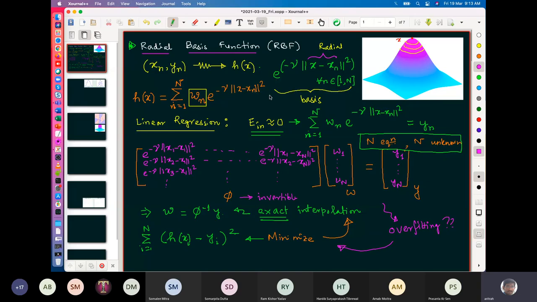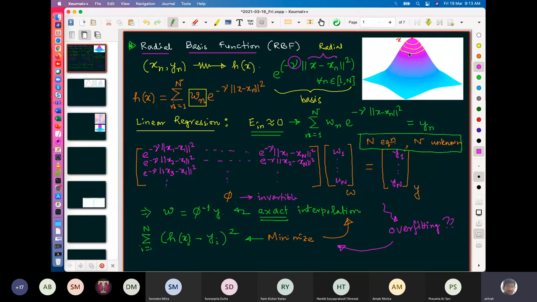Good. Now, see, there is an unknown parameter that we have not yet discussed, this one, gamma. Let us try to see the impact of gamma when we do linear regression and interpolate exactly. As you can understand, if gamma is large, what will happen?